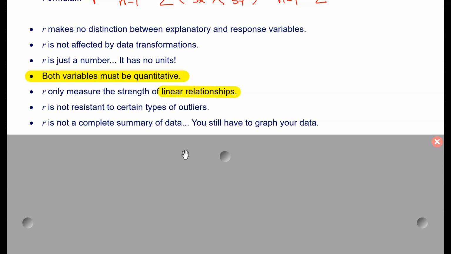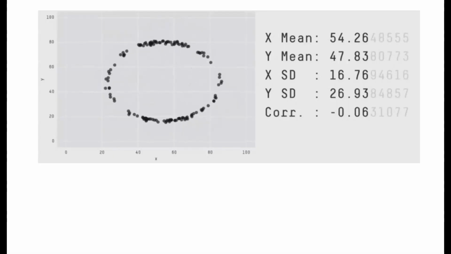Hopefully you recall that through that applet. If you don't graph your data, you could have the same correlation that's represented by completely different graphs. In fact, I'd like to show you a fairly popular picture of why R is not a complete summary of the data. So I'm going to jump to another page here and show you this.